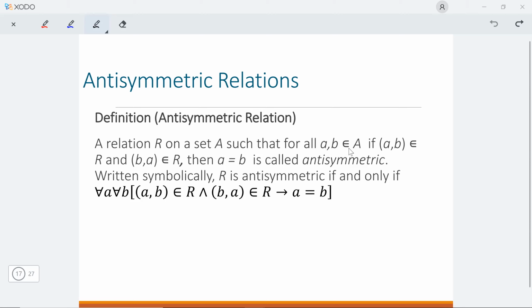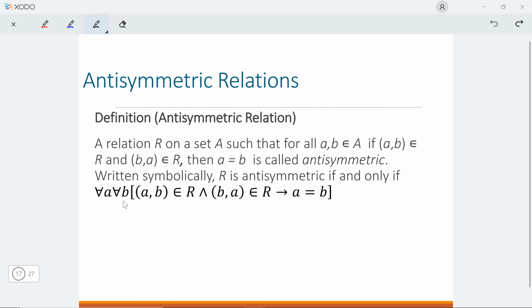It means if we have a pair (A, B) in our relation and also the flip of them, (B, A), is also in this relation, then the values of A and B should be exactly the same. This is the definition of an anti-symmetric relation.